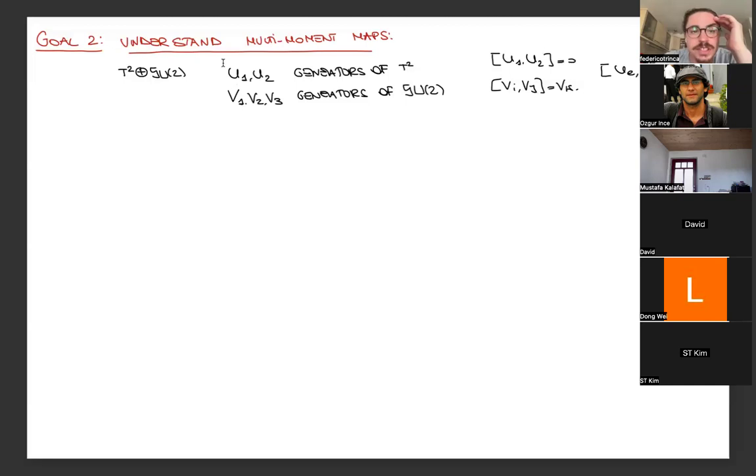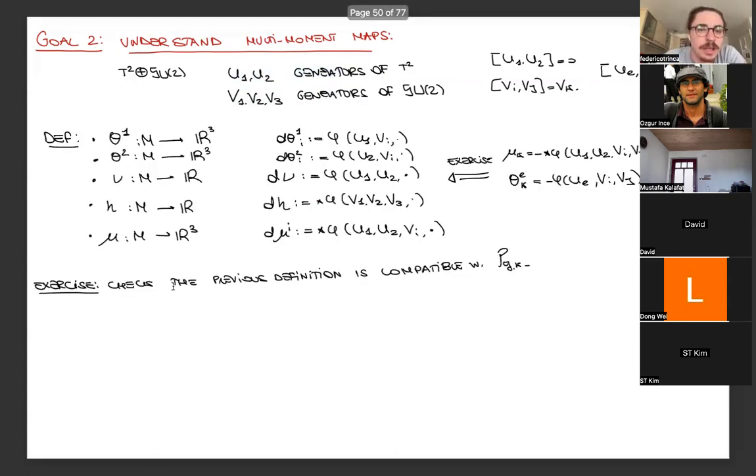In the case of our interest, if we pick u1, u2, the generators of T2, and v1, v2, v3, the generators of SU2 satisfying these conditions on the Lie algebra, what you see is that the only possible multi-moment maps that you get are θ1, θ2, nu, eta, and mu. And these are each characterized by their differential. So these are defined up to constants, as multi-moment maps are in general.